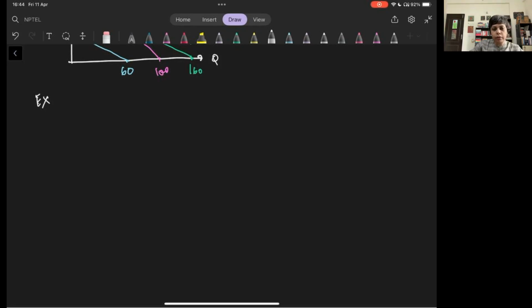If you want, you can refer to it. This is Chapter 4, Individual and Market Demand. I'm just redrawing the example they have taken to illustrate the point you were asking about, the steepness and flatness of the curve. Okay, so let me mark the points. Just give me a few minutes to draw this.